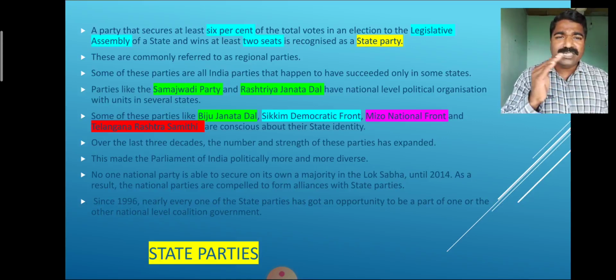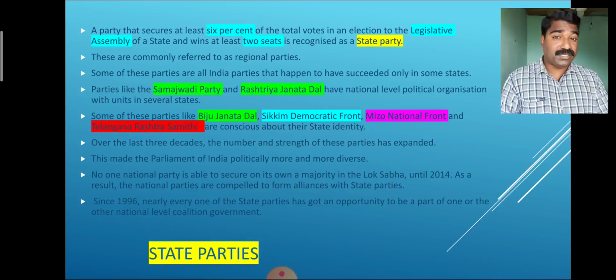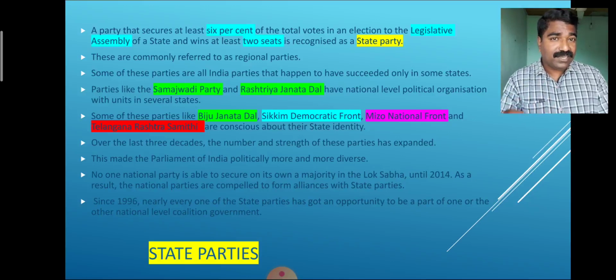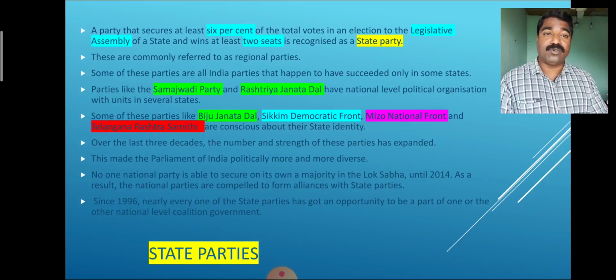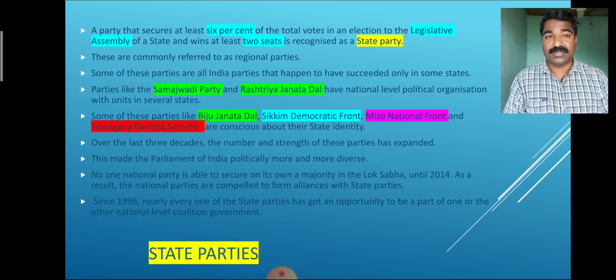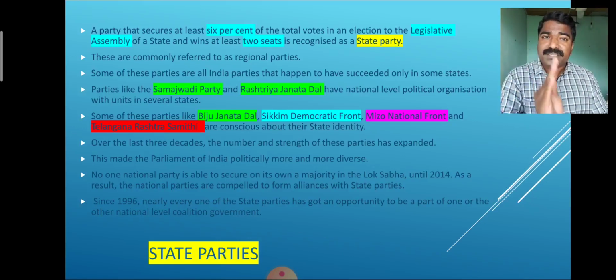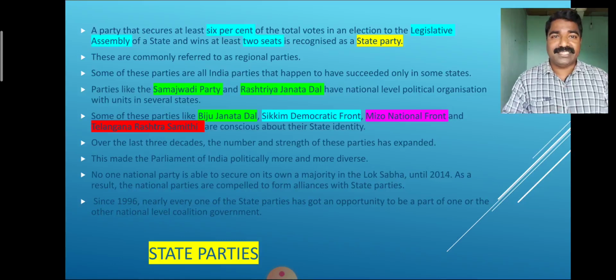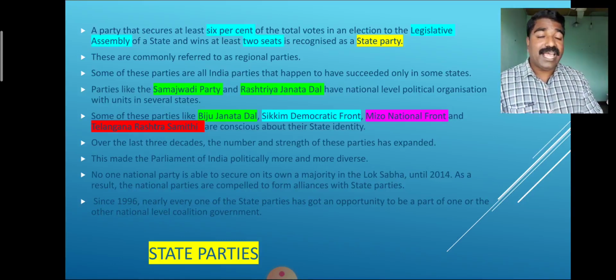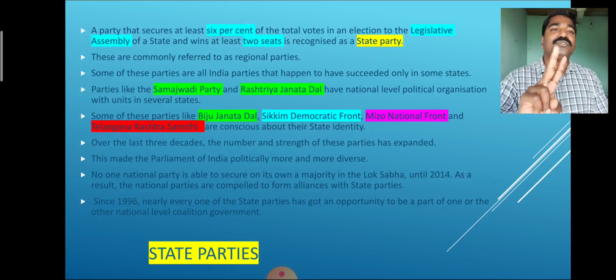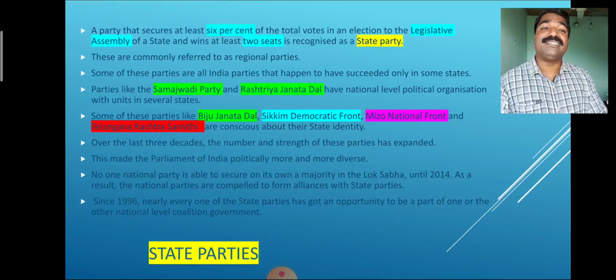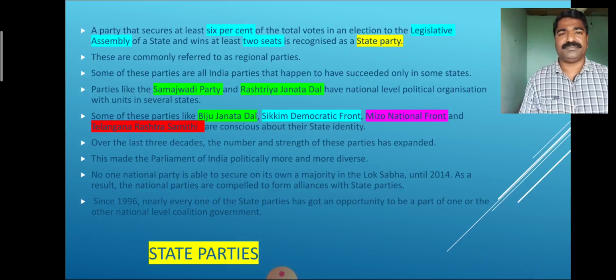We have seen that for a national party it is 6% of votes in Lok Sabha or in legislative assemblies of 4 states, and also 4 seats in Lok Sabha. Here it is 6% of votes in the legislative assembly of a state and how many seats? 2 seats. That party is recognized as a state party.